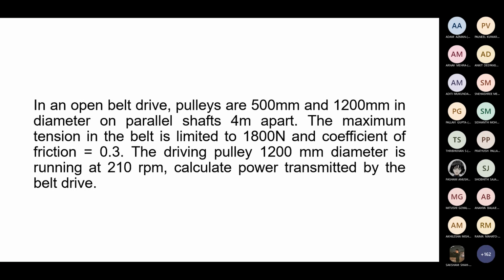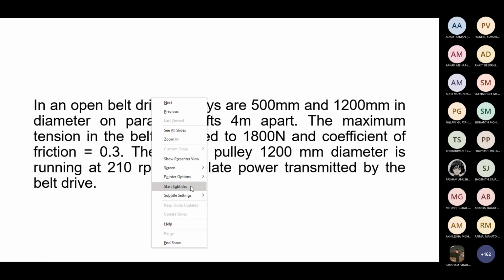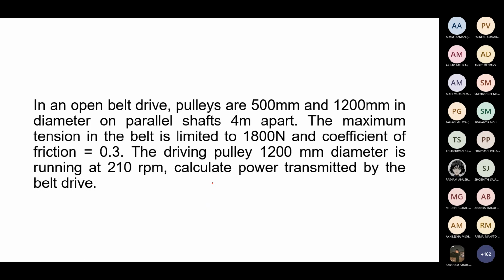So the question is, I'll read it out. In an open belt drive, pulleys are 500 millimeter and 1200 millimeter in diameter on parallel shafts 4 meters apart. So here you have two diameters given, and the center distance is also given.